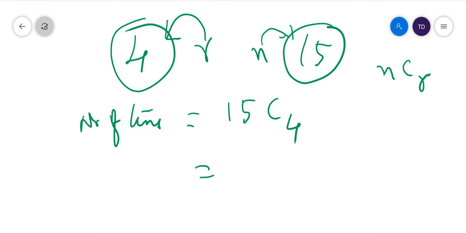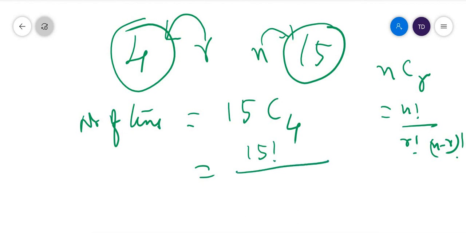The formula is NCR equals n factorial divided by R factorial into (n minus R) factorial. So 15 factorial divided by 4 factorial into 11 factorial. Then 15 factorial by 11 factorial.